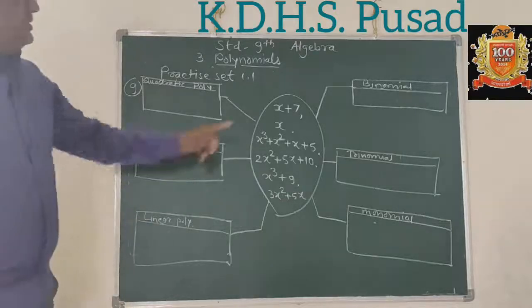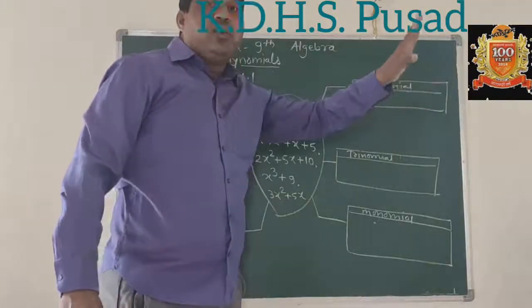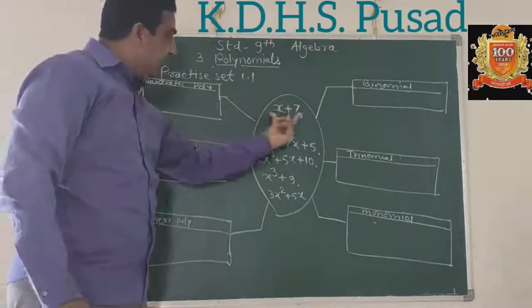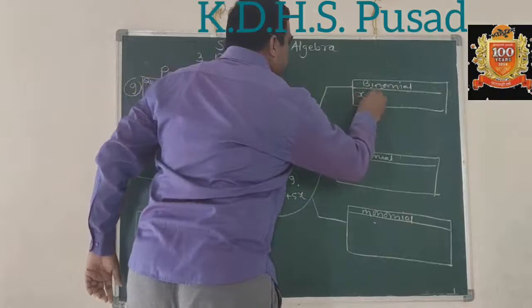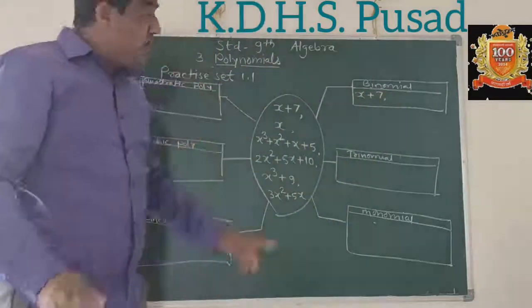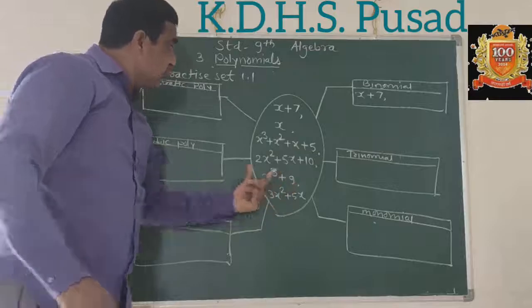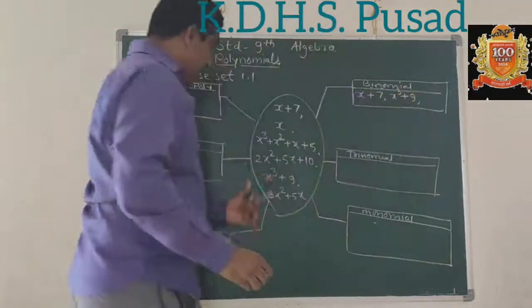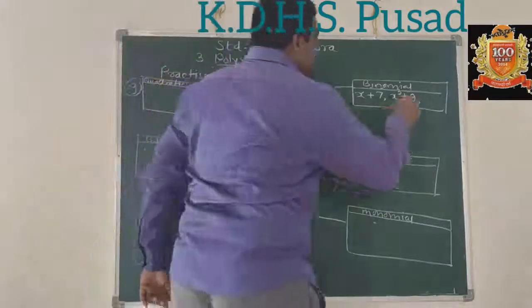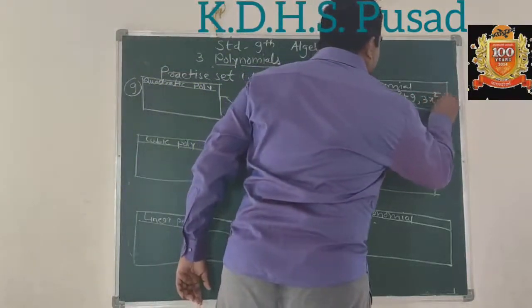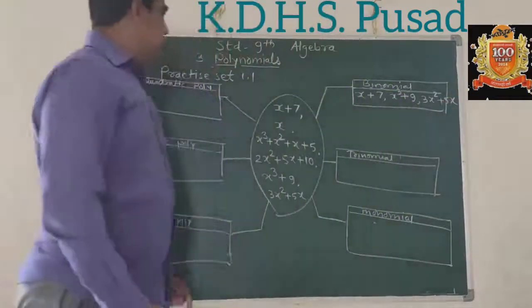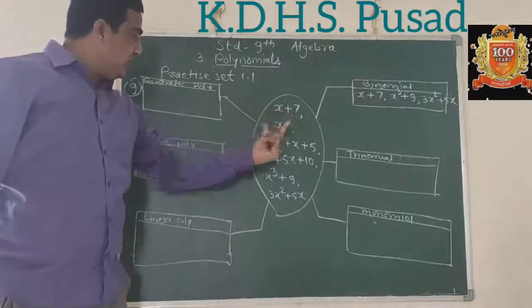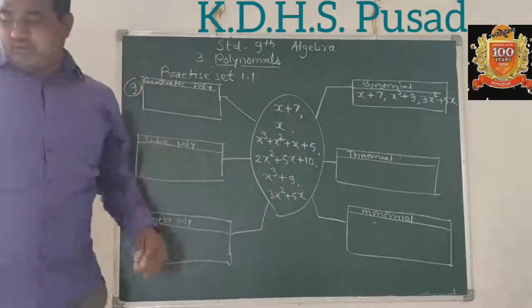Now, in this, you have only binomials, the polynomials which contain two terms. X plus 7, consider only the terms here. Again, two terms. X cube plus 9, again it contains two terms. Then 3x square plus 5x. So in this, you have to write the binomials, that is, those which contain two terms. Okay.